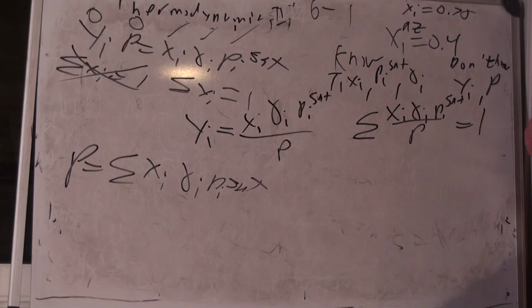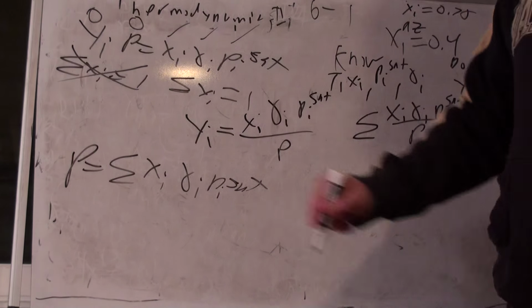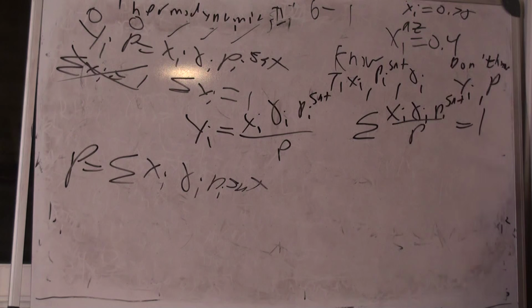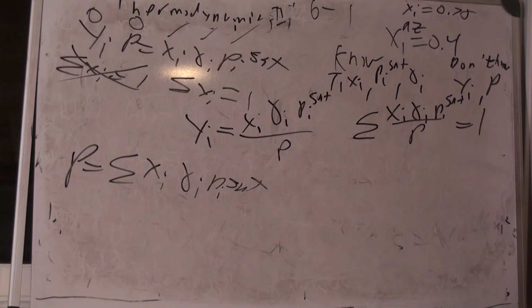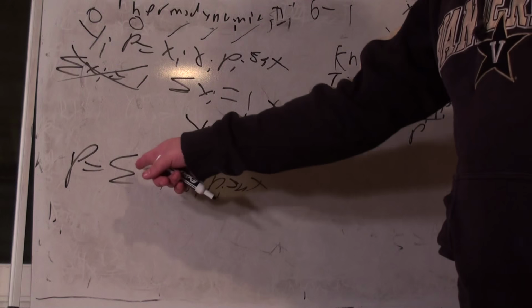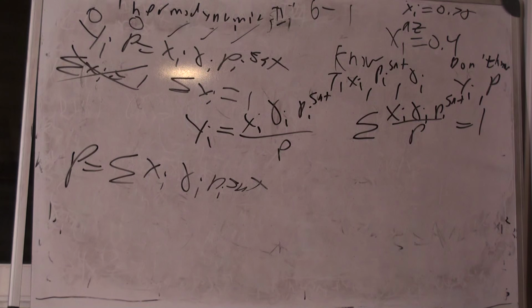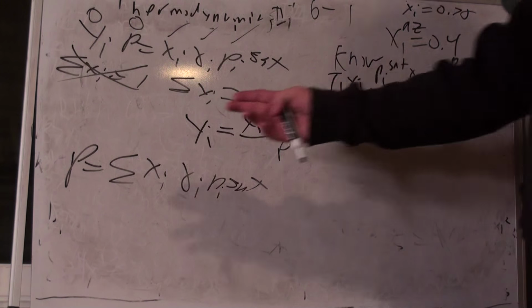So I don't know p, but do I know xi's? Yes, I do. Do I know gamma i's, or have a value for it? Yes, I do. Do I know or have a value for pi sat? Yes, I do. So I know or have a value for everything on this side. You might be like, what do you mean, have a value for? Well, if I have a value for it, I can at least get a number for p.